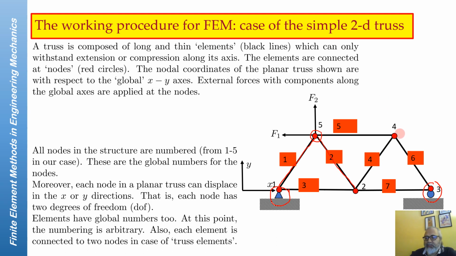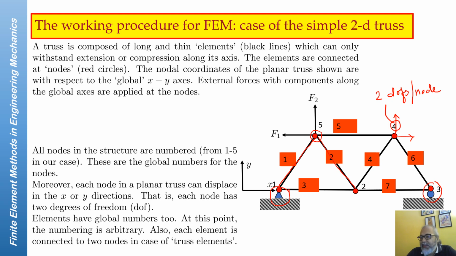Now you must note this is a planar truss. So any node, for example, this one can move either in the X direction or in the Y direction. So this node we say has 2 degrees of freedom. So we have 2 degrees of freedom per node. Right now all nodes have exactly 2 degrees of freedom.